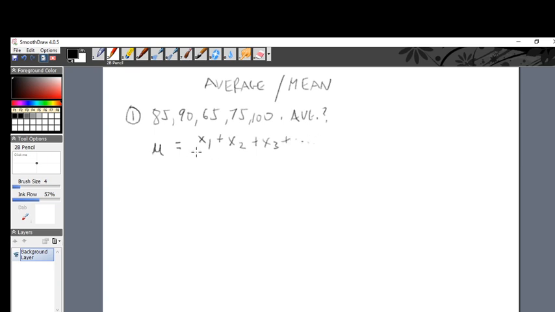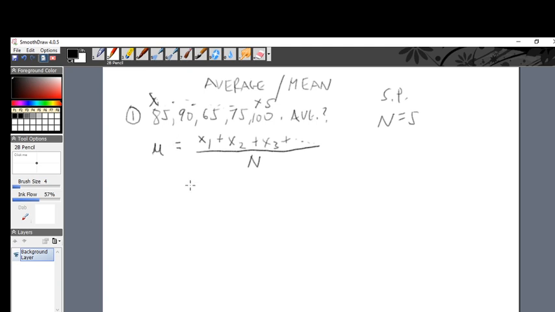until you run out of data items, and divide by something called n, which is the number of data items. So in our case, this is x1, x2, etc., all the way to x5. And in our case, n is equal to 5. Why? Because there's 1, 2, 3, 4, 5 data items.